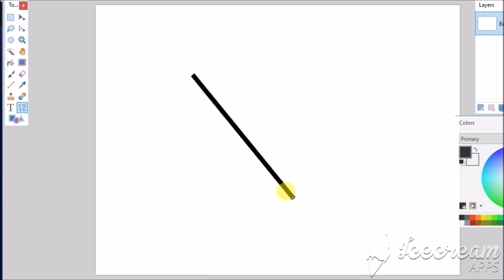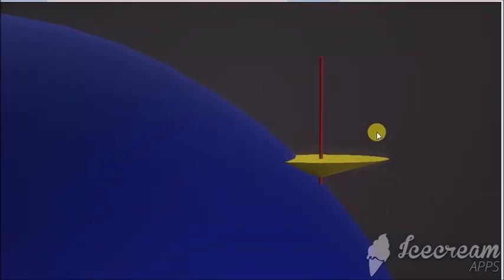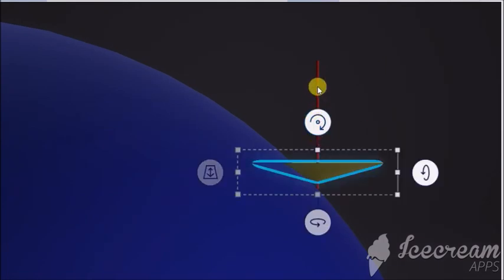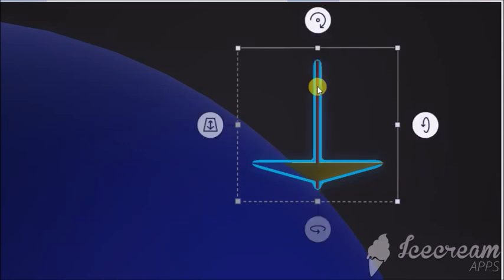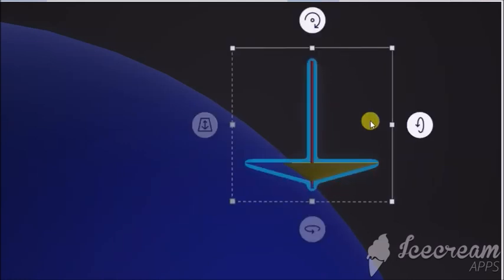That's almost 45. And let's get back to the 3D. Looking at this drawing here, let me fix the cone. Okay.